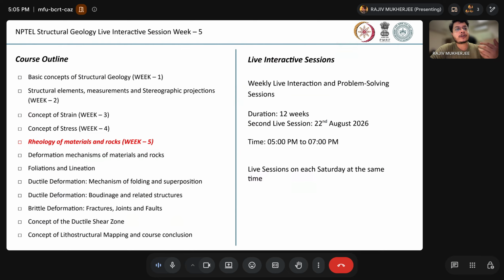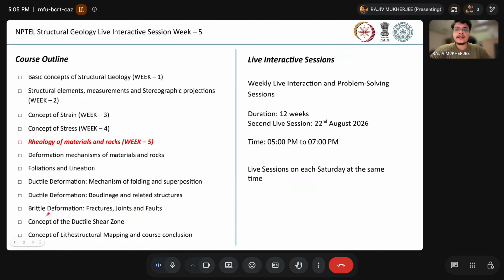Not only the amount of stress is important, but how fast or how slow that stress is being imposed, and how fast or how slow the material is deforming in response to that stress is what we call the broad topic of rheology of any materials and also for rocks.